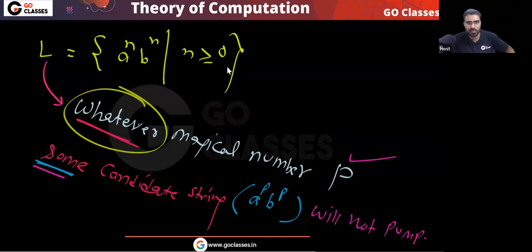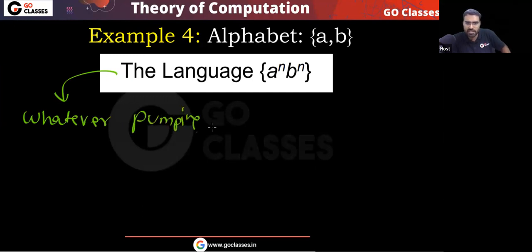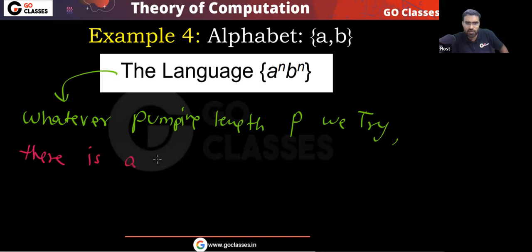So whatever pumping length p we try, there is at least one violating string, a string which violates. Yes or no?